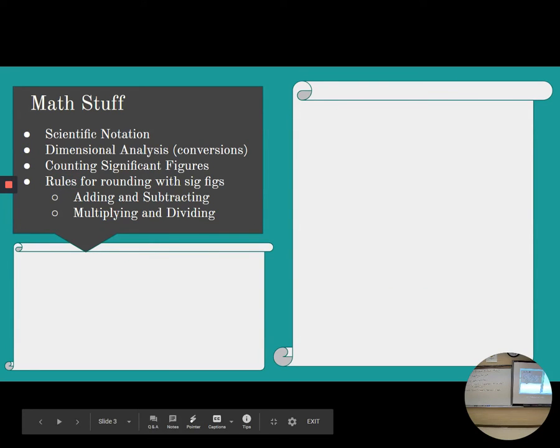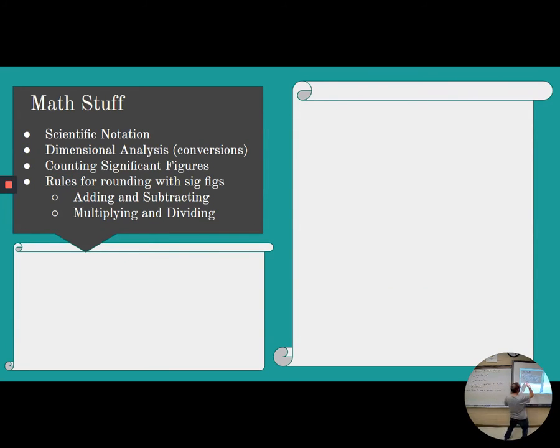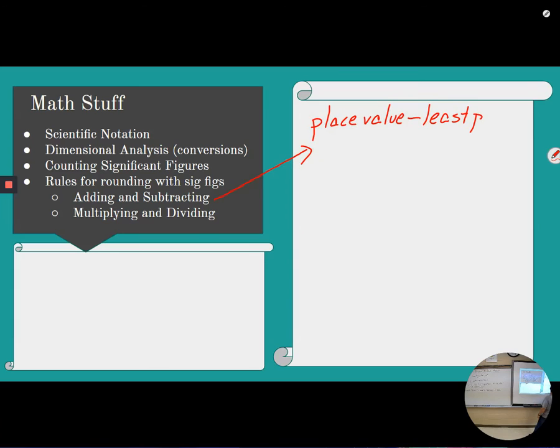Now I want to talk about rules for rounding with sig figs when you're adding and subtracting, multiplying and dividing. When you're adding and subtracting, the idea is that you are going by place value of your least precise measured number.